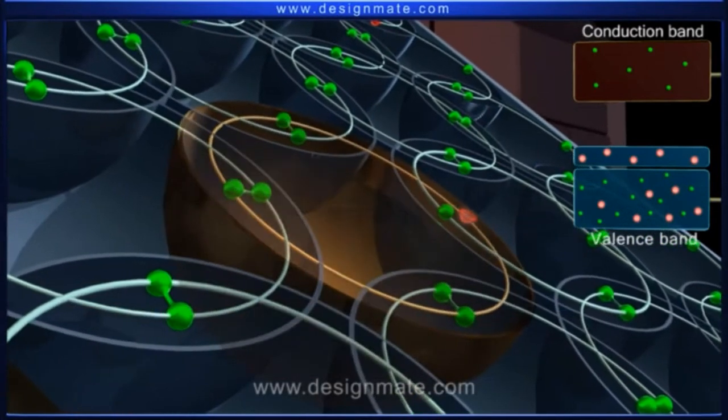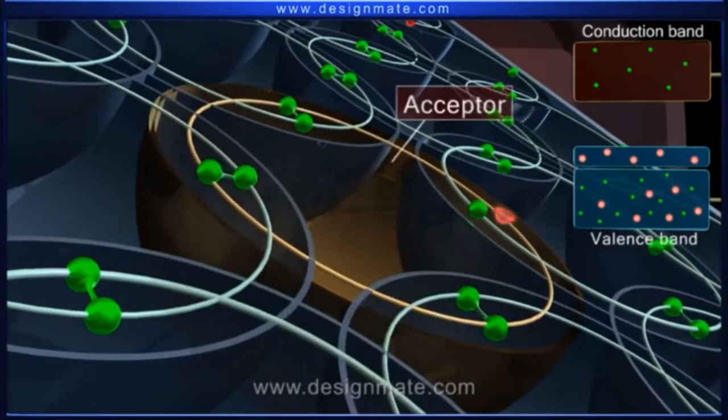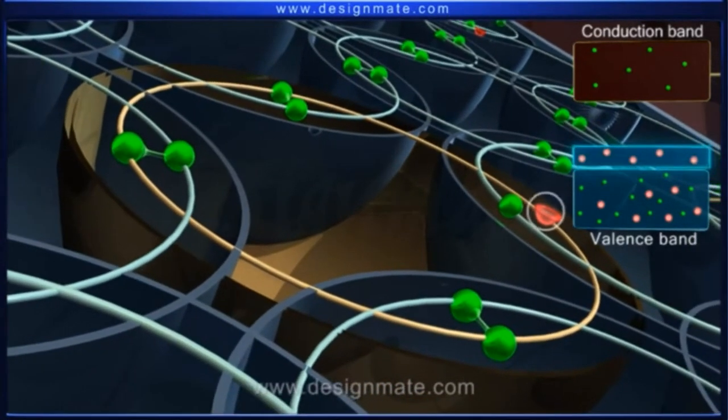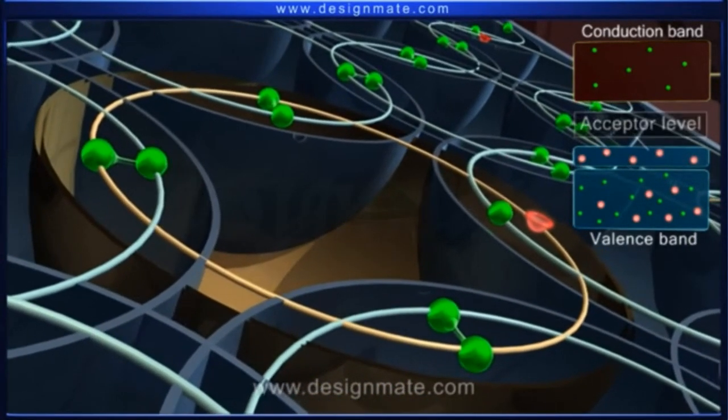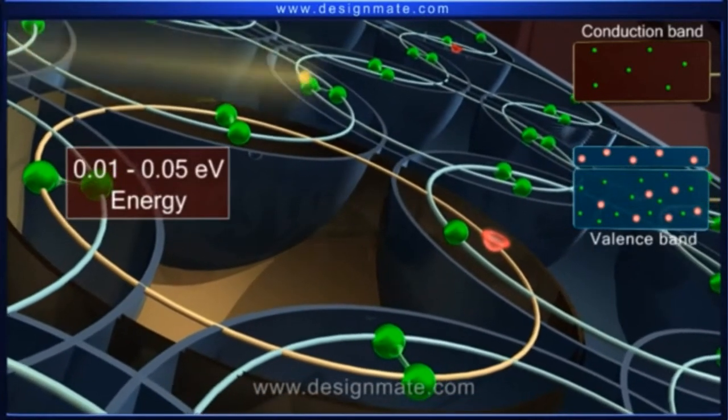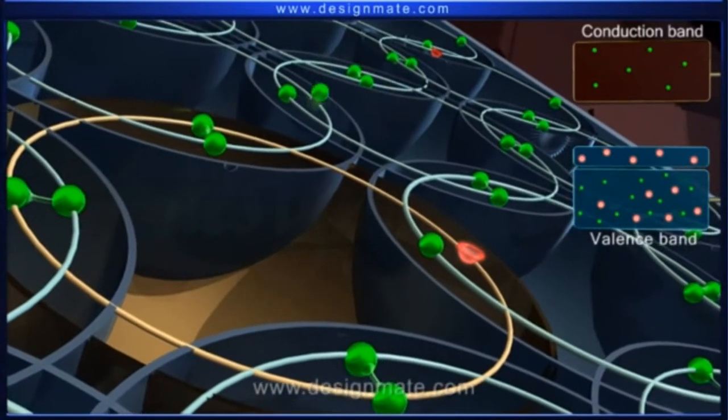Therefore, the trivalent impurity atoms are called the acceptors, and the energy level of these holes is known as the acceptor level. Further, the valence electron of the neighboring silicon atom requires a little extra energy to fill this hole in the impurity atom.